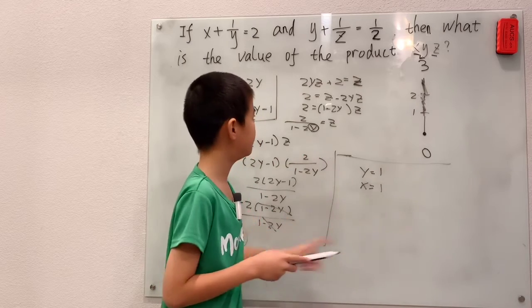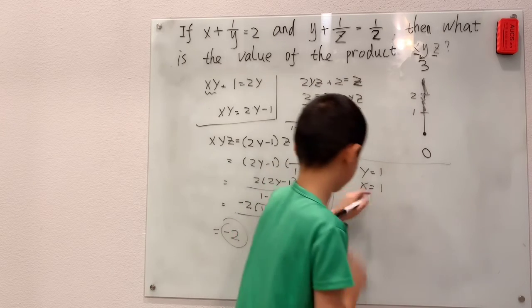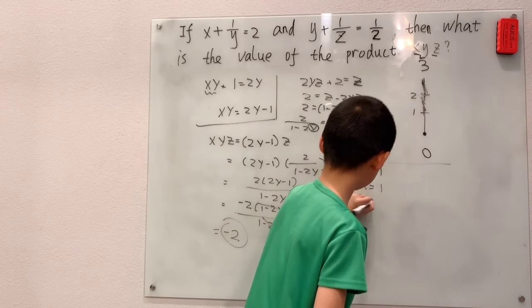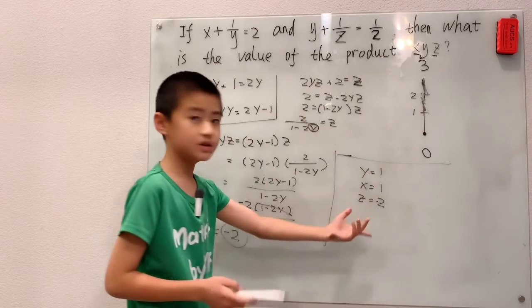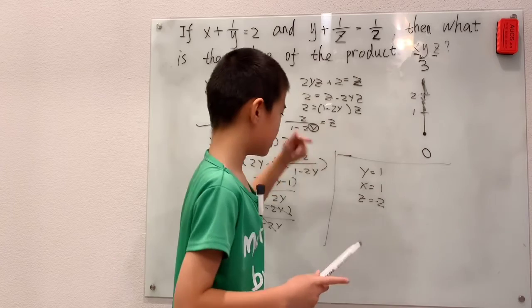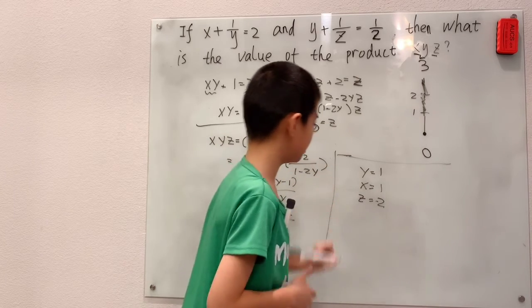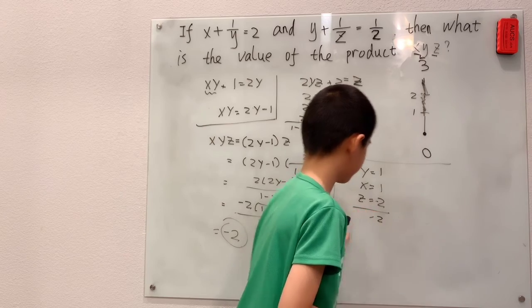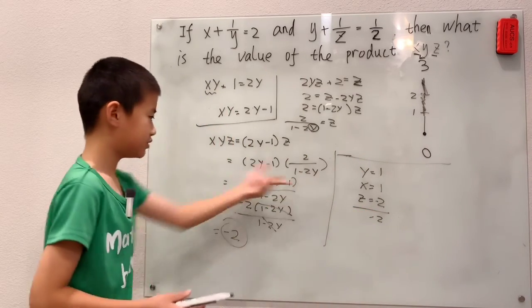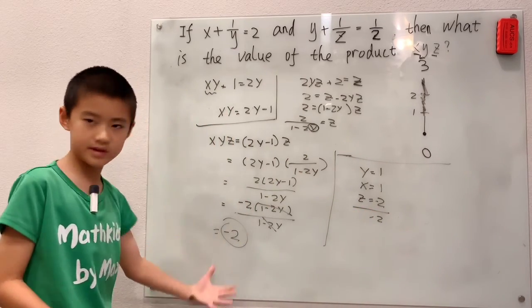Well, then that just means z is negative 2. Of course, 1 times 1 times negative 2 is negative 2, and we got 2 answers. They're both negative 2, meaning we're pretty sure that we are right.